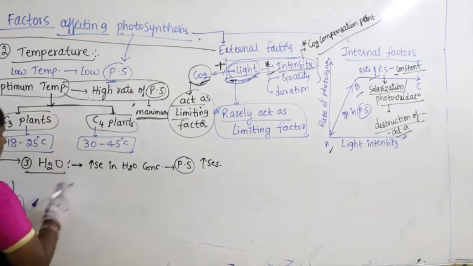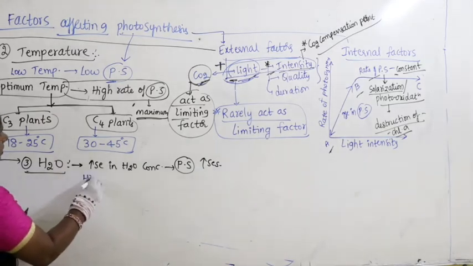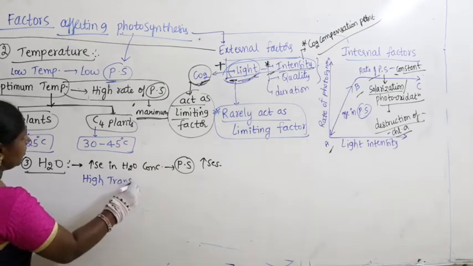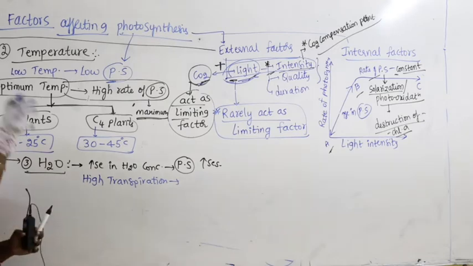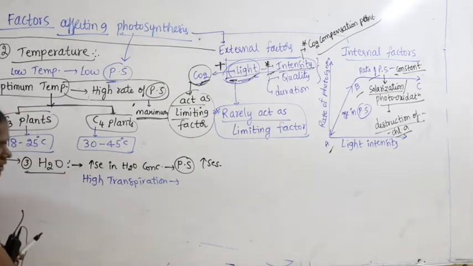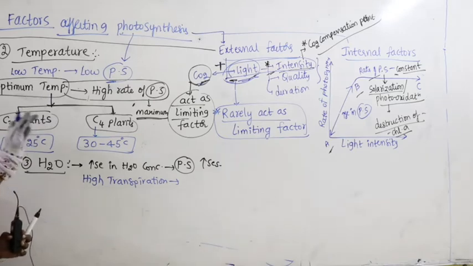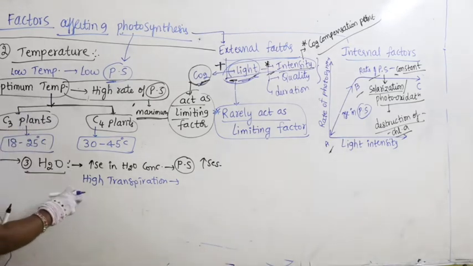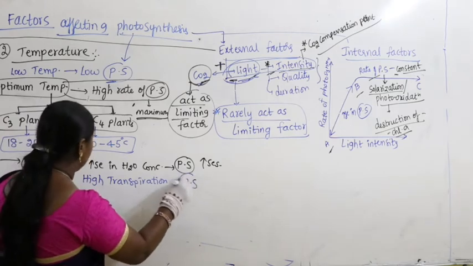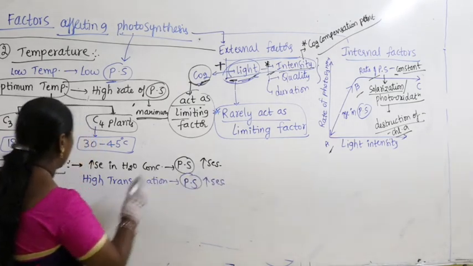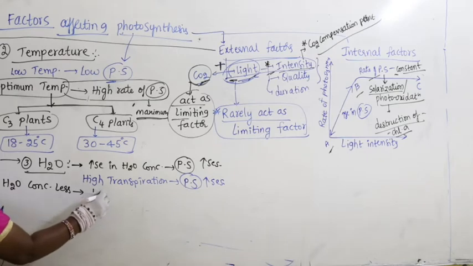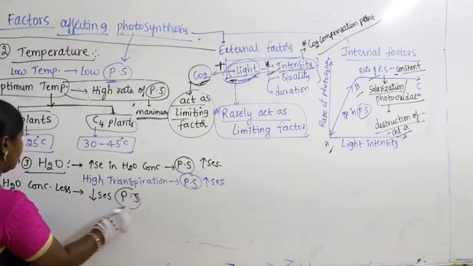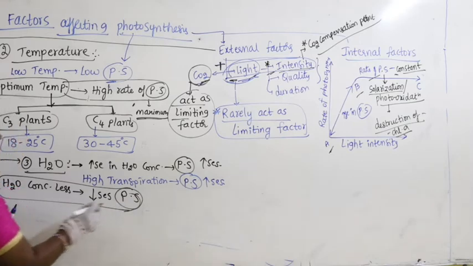Because if there is high transpiration, meaning high loss of water, then by the transpiration pull the water is taken from the ground and supplied to all parts of the plant, so the plants undergo photosynthesis. So photosynthesis also increases. But if the water concentration is less, then it decreases the rate of photosynthesis. So water plays a very important role.